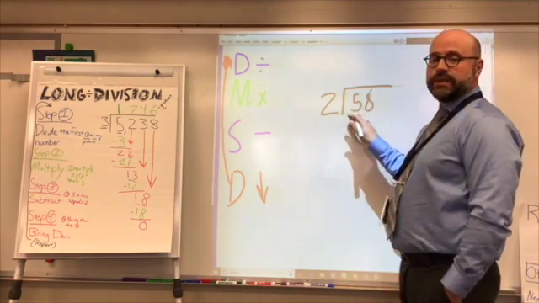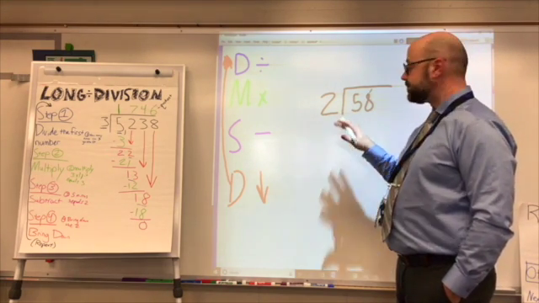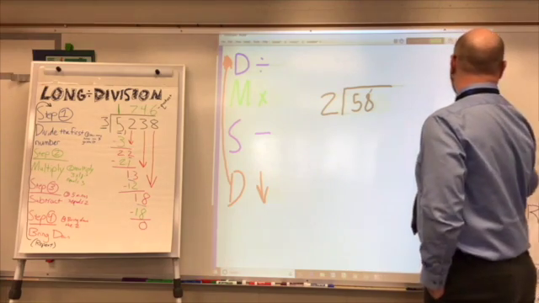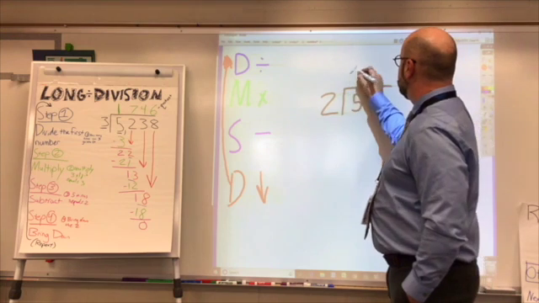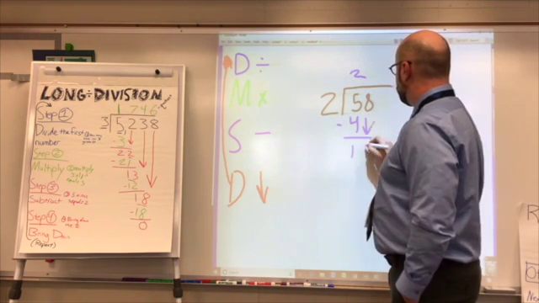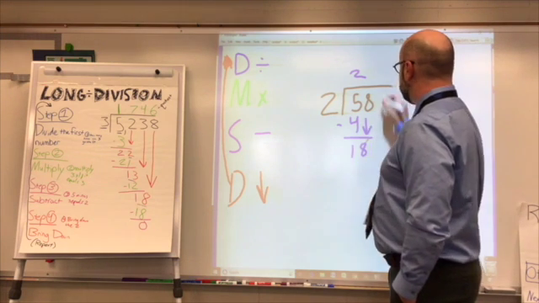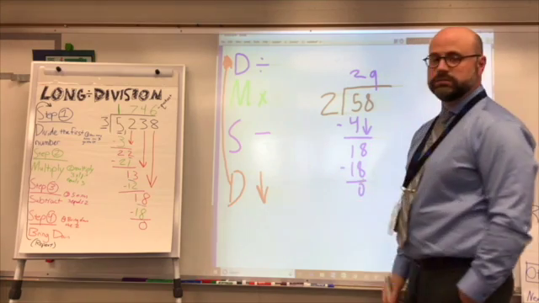I can tell you right now, this will not have a remainder. And I'll prove it to you if you want, because look, 2 goes into 5 2 times, 4, drop the 8, 18, 2 goes into 18 9 times, 9 times 2 is 18, subtract 0.